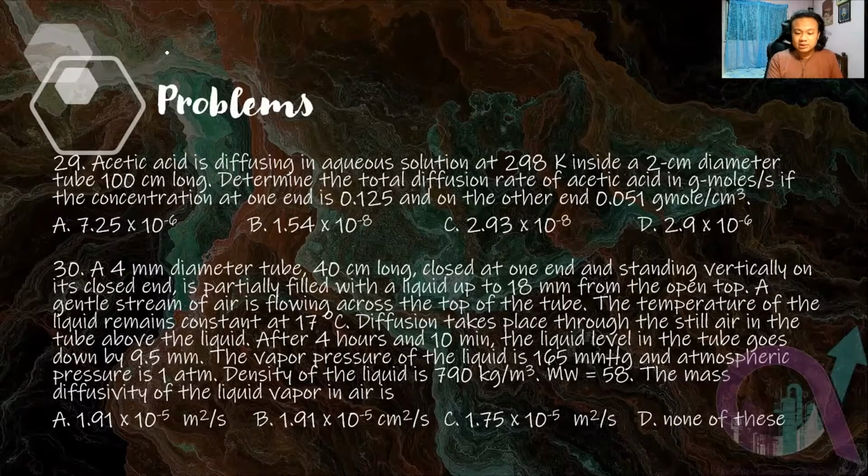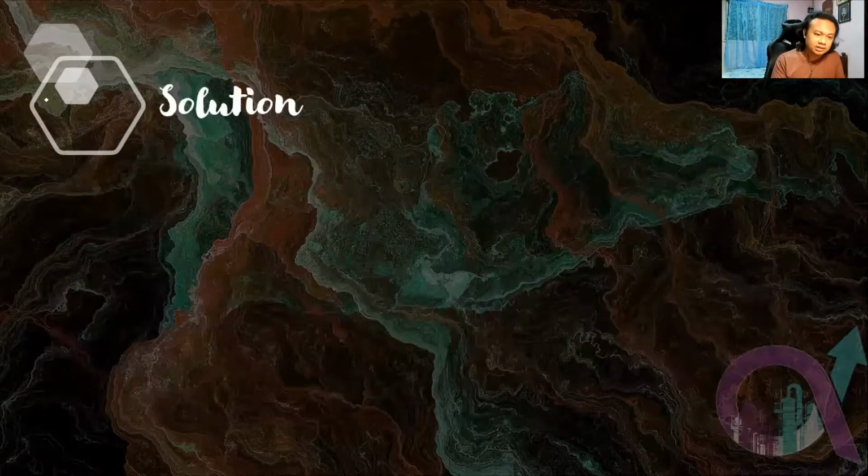Okay, so number 29 is a type of equimolal counter diffusion problem. Let me draw the situation.